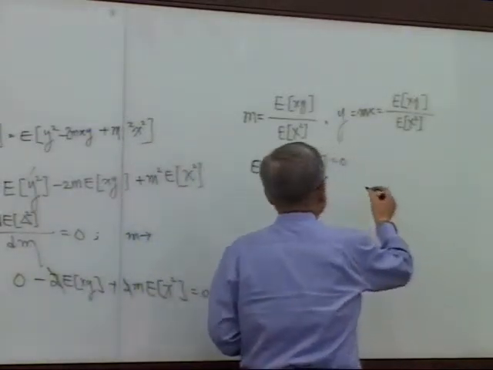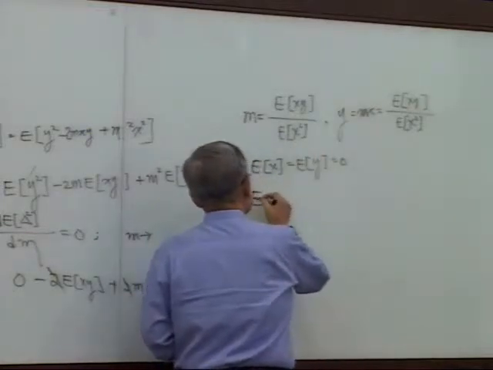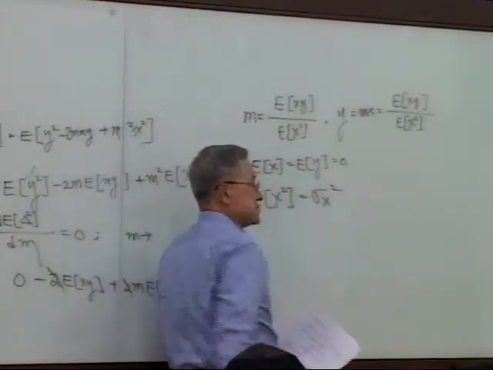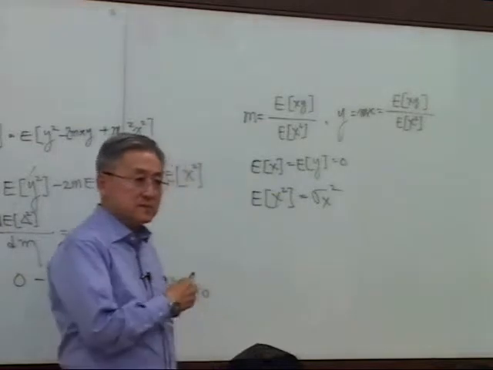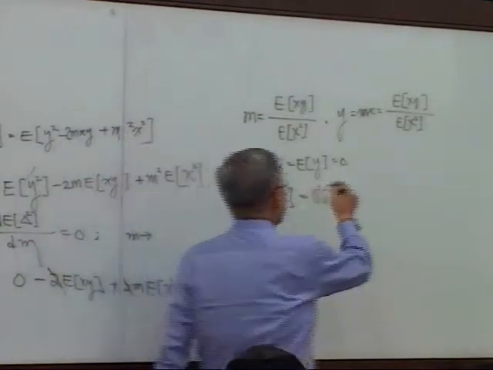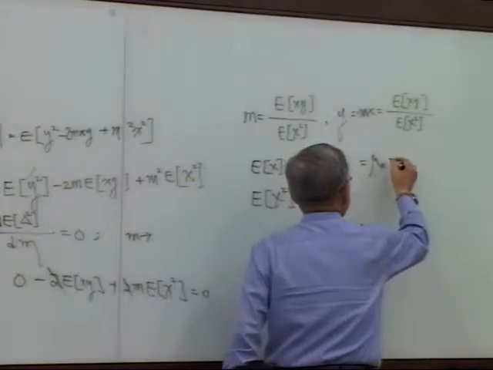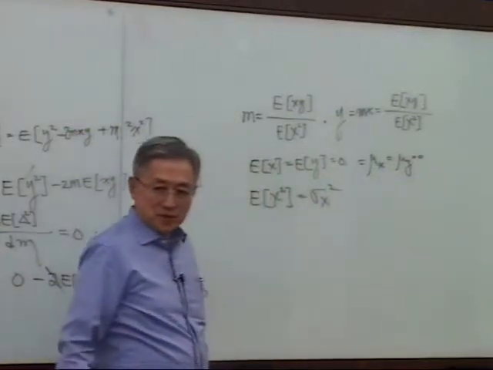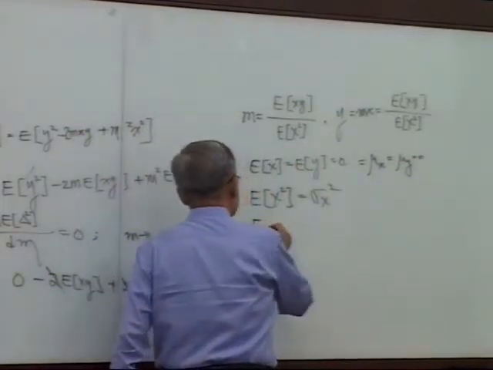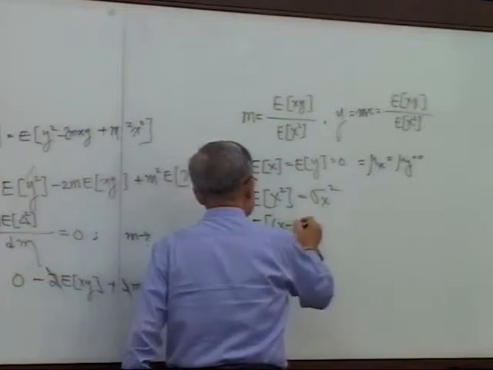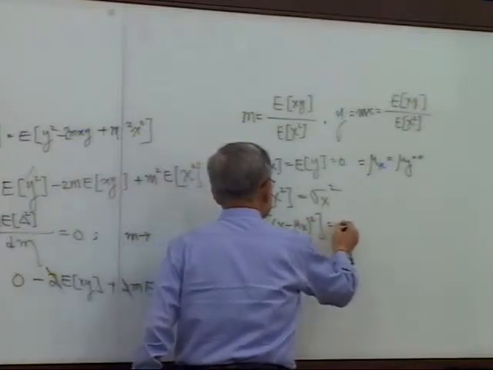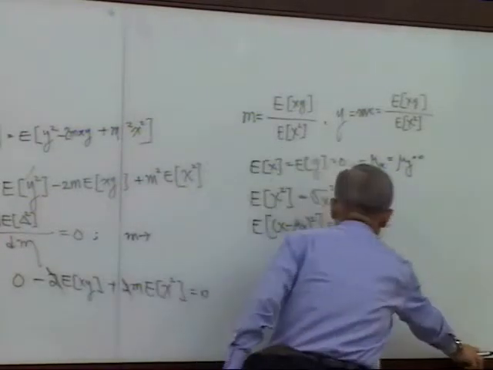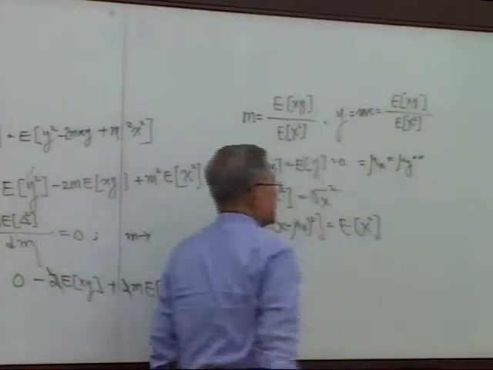We know the mean is equal to 0. So I can say that E[X squared] is equal to sigma x squared. Can I do that? The mean is equal to 0. We use the symbols mu x and mu y. And this term, E[(x minus mu x) squared], is equal to simply E[x squared], because mu x is equal to 0.